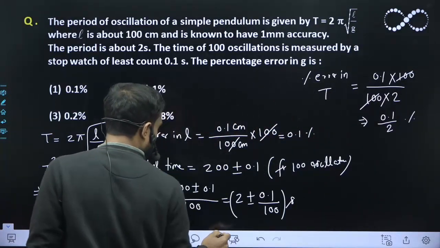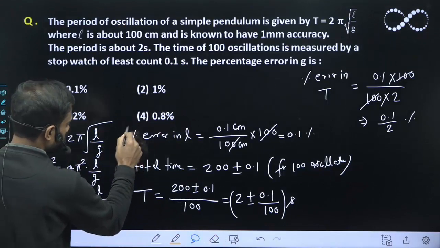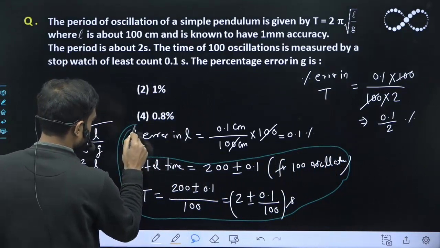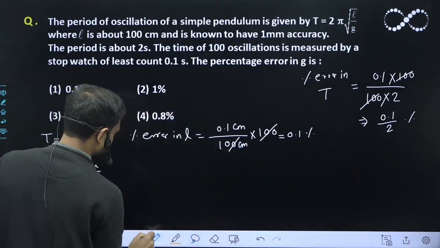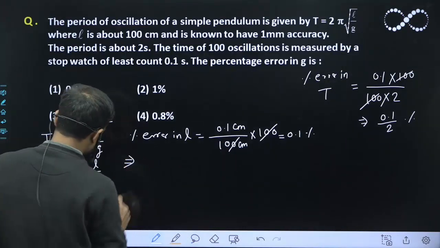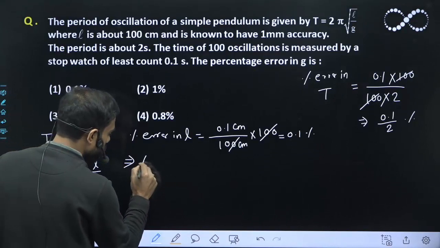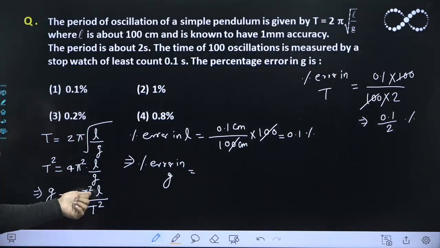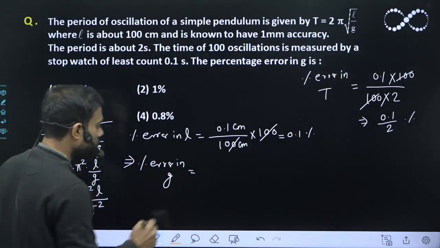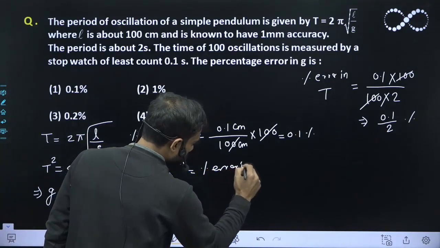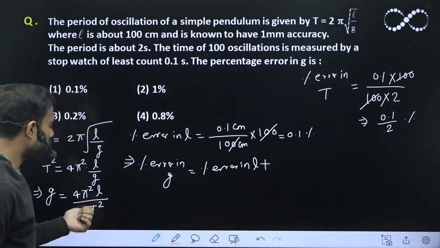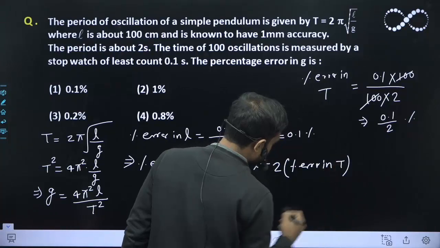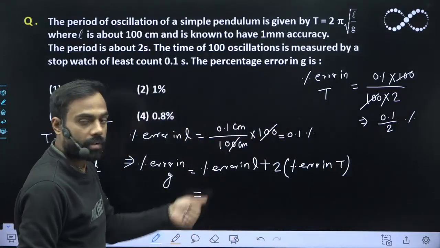So from here I can say the percentage error in g will be equal to, ignoring the constant, the percentage error in L plus 2 times the percentage error in T. The percentage error in L I have calculated, that is 0.1%.